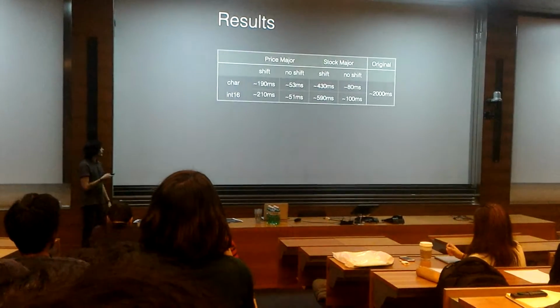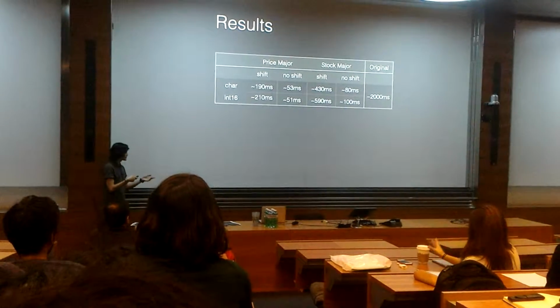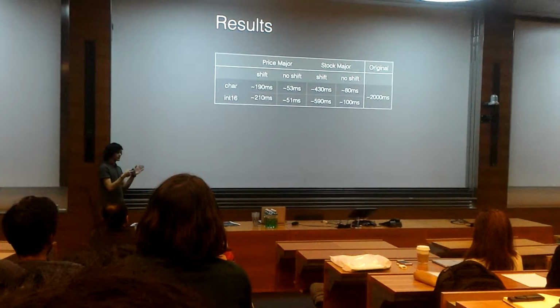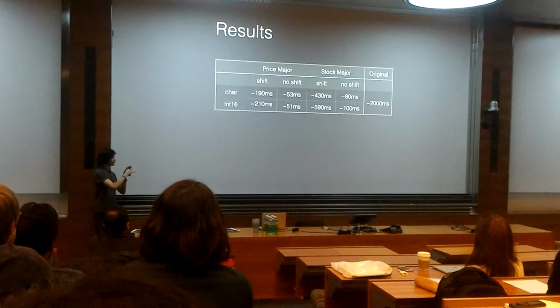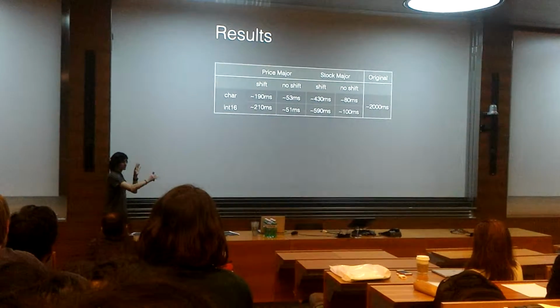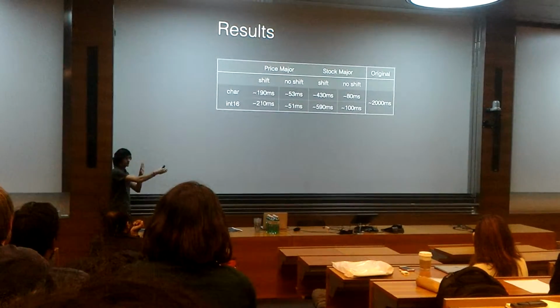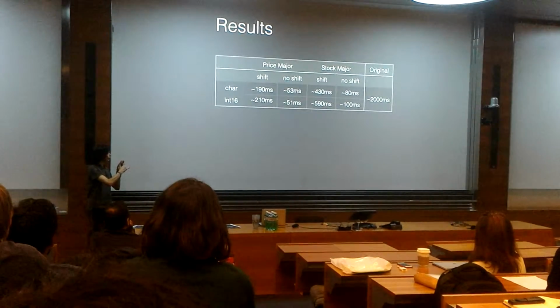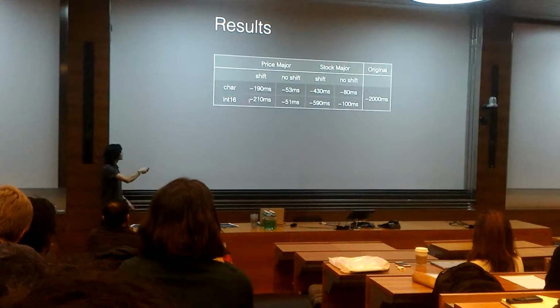And we can see that we have different results with this shifting that we have done with our price levels. So if we keep the no shift way, so the matrix really sparse, we got these results and this one. While if we shift all our data to the beginning of our matrix, we got these results.